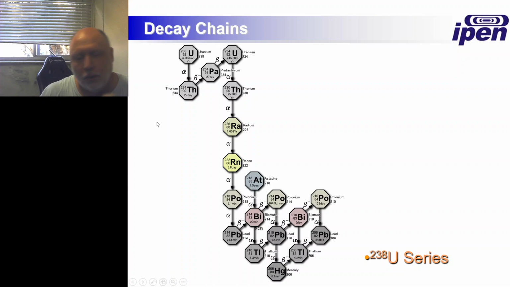Another thing in this decay series is that you see that uranium decays, and we have very high half-life here for uranium-234, and half-lives keep large until radium-226, which has 1.6 thousand years half-life. From here until the end, it's all a few minutes.